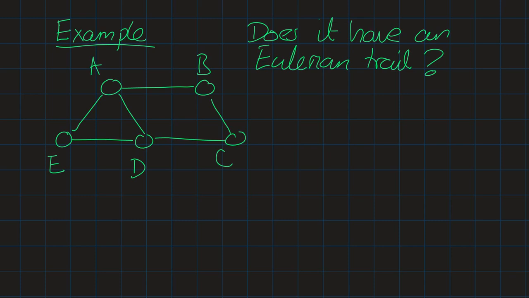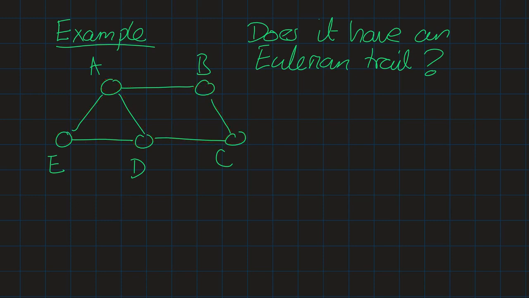I'm going to start at C for no particular reason, and I'm going to try and hit every single edge once. But I missed that middle edge, so that doesn't work. Maybe I'll start at E, and I just want to try and hit every edge once without repeating. Well, now I've missed this edge here, so that doesn't work.